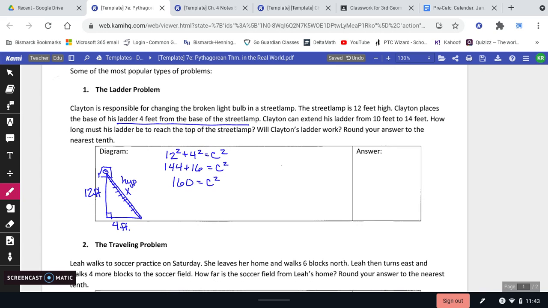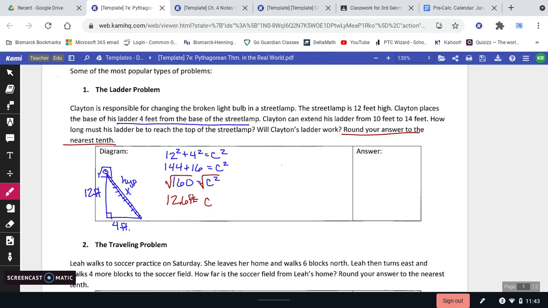Okay, if we were simplifying this in simplest radical form, when I take the square root of both sides, I would then do a factor tree and try to find my pairs. But you'll notice here it says round your answer to the nearest tenth. So I don't really need to do the factor tree because I'm going to round anyway. So in your calculator, do the square root of 160, and that's about 12.6. So c is going to equal 12.6 feet.